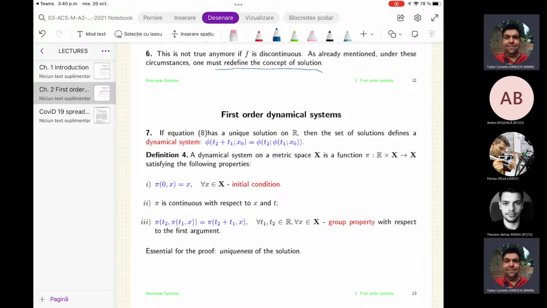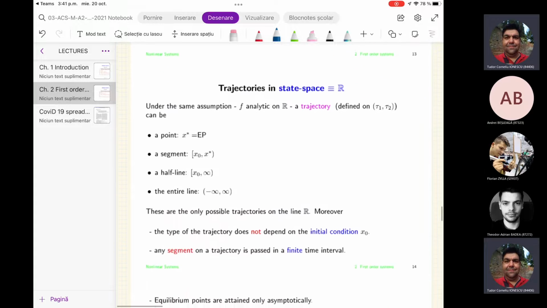And this group property happens with respect to the first argument, time. This is based essentially on the uniqueness of the solution. This is what prompts us to write such a definition and to define such a concept of dynamical system. So the dynamical system are the solutions, and they are described essentially by the differential equation whose solutions form the first order dynamical systems.